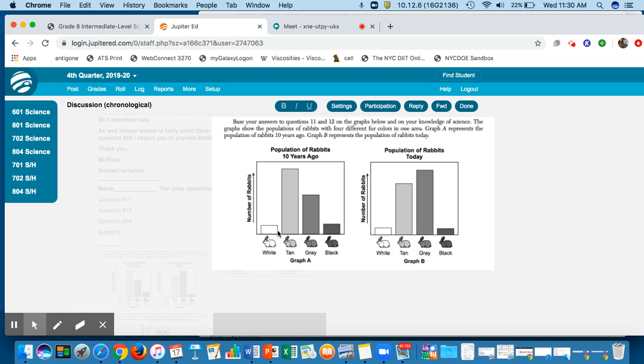We noticed that there were a lot of tan rabbits 10 years ago, because as this goes up on the y-axis, that means the number goes up. Later we find out that a lot of the gray rabbits seem to have taken advantage of whatever situation there was, and they grew in population. White and black pretty much stay the same.